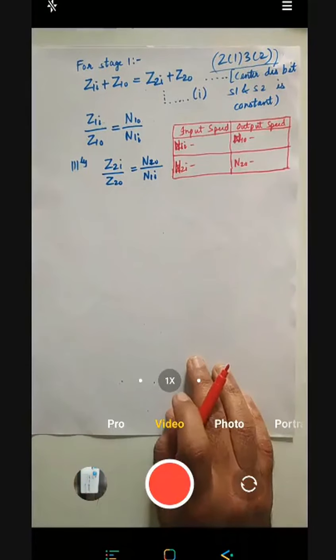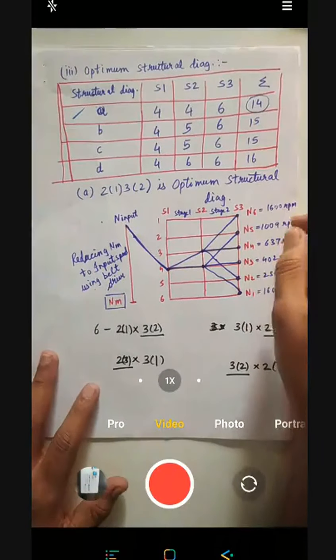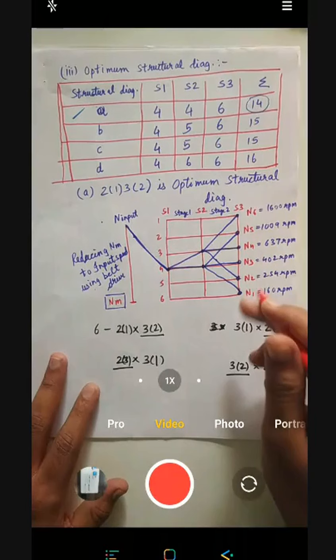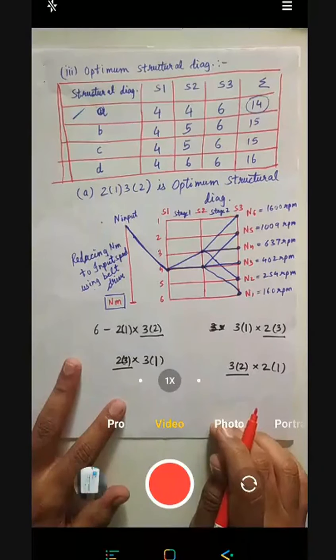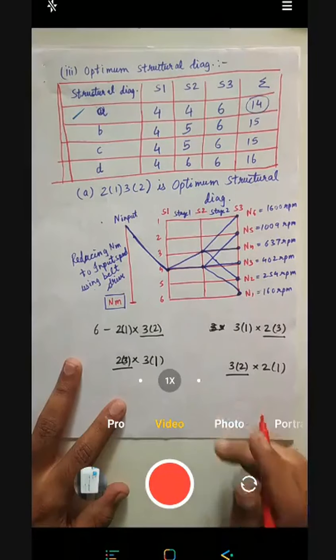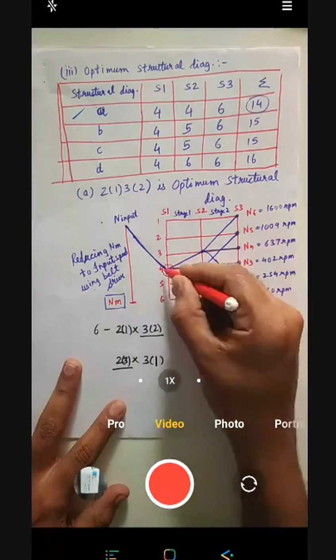See, going back to your optimum speed diagram. This was your optimum speed diagram. We are talking about stage 1 now, right? So if you can see, this is your input speed.